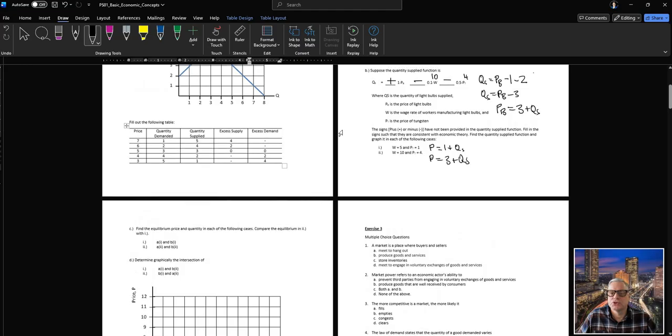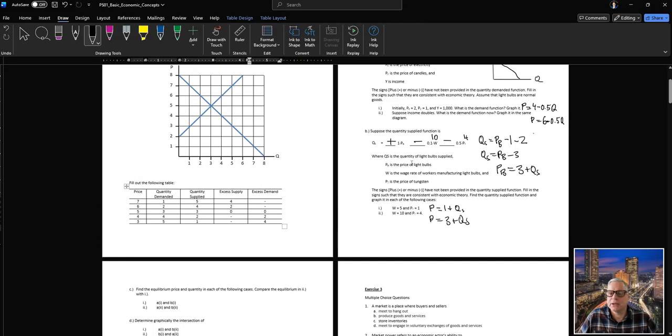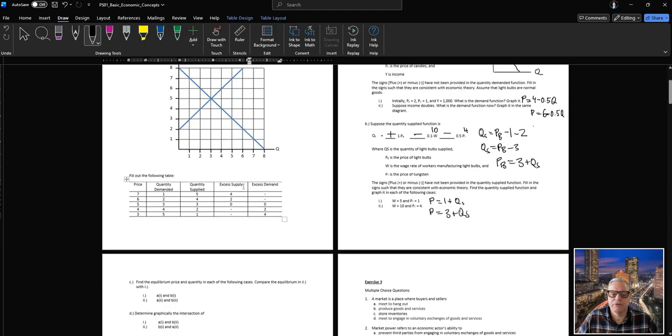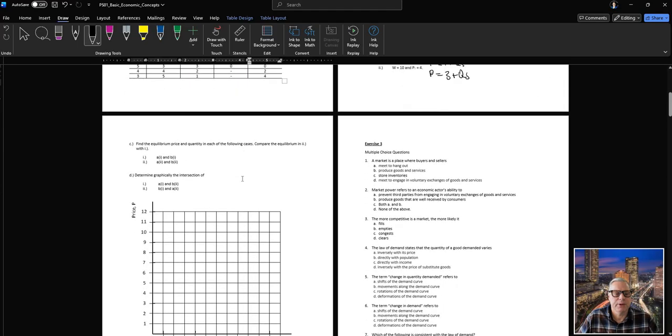Okay, so let's just see again. The scenario I was that we had P equals 4 minus 0.5Q. Let me just write that here again.